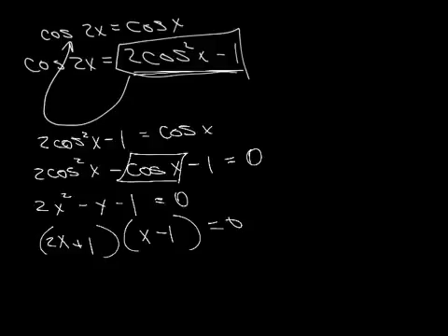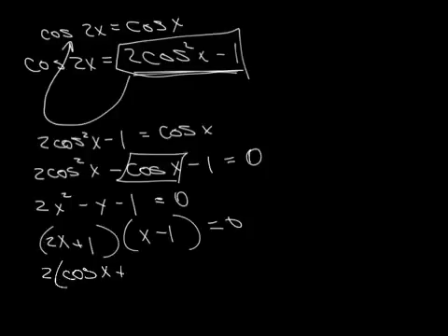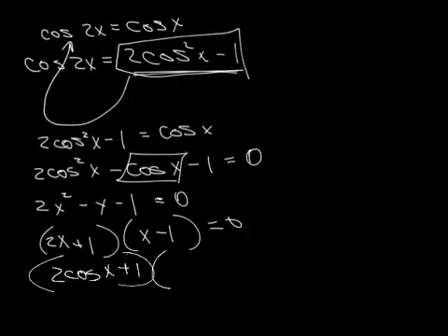Now I can go back and replace my x's with the cosine of x there. Let's just leave it as 2 cosine of x plus 1 times cosine of x minus 1.